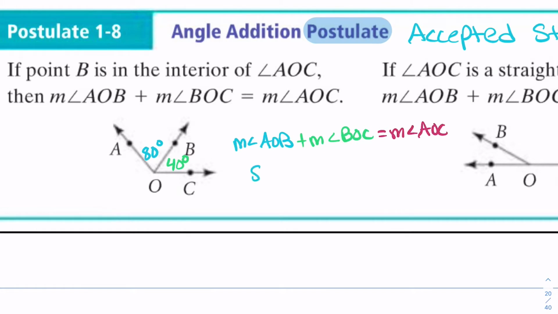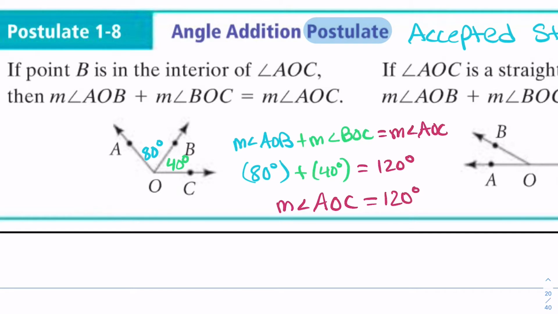Therefore, 80 degrees when I substitute in for it plus 40 degrees equals, in this case, 120 degrees. So I could say that the measure of angle AOC is 120 degrees. That is how I would use my postulate.